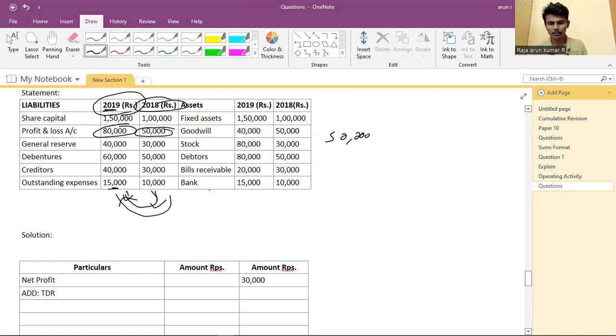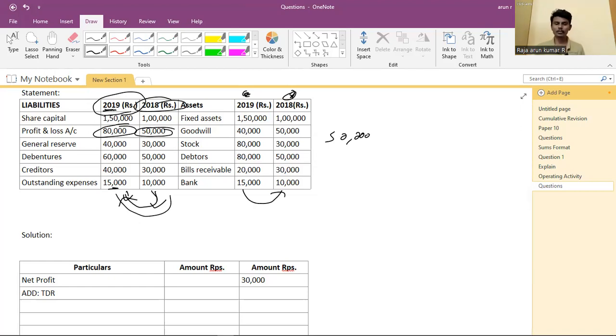Some students make the mistake of taking these steps in this question: opening balance 19,000, difference 10,000. Be careful what the opening date is. 2018 is the opening date, 2019 is the closing date. Accordingly, check the year also. Be careful and do the sum.